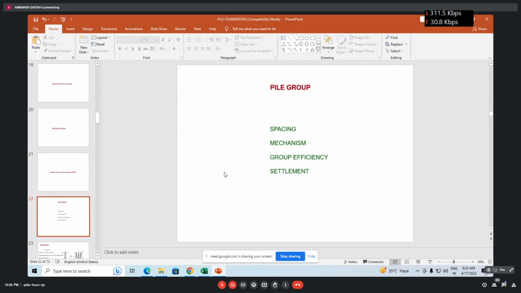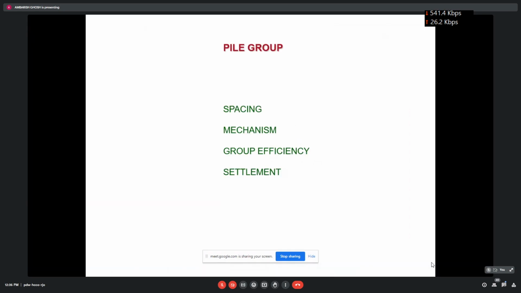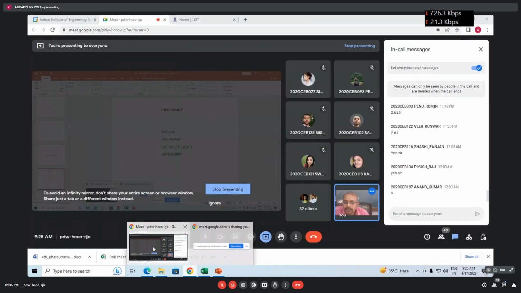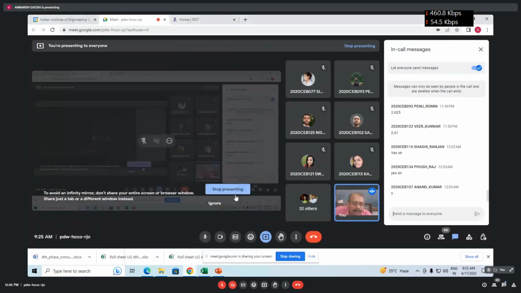Till now we have explained the single pile, everything, load carrying capacity. If you have any doubt, you can tell me. Do you have any doubt?